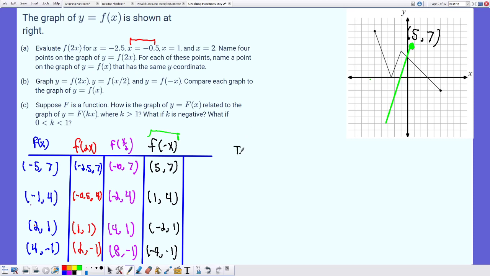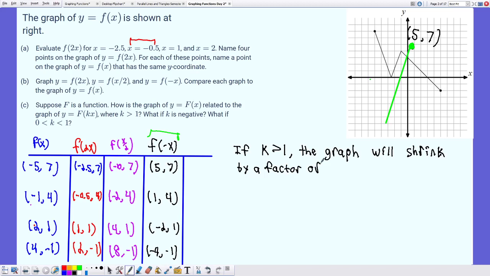So if k is greater than 1, the graph will shrink by a factor of k.